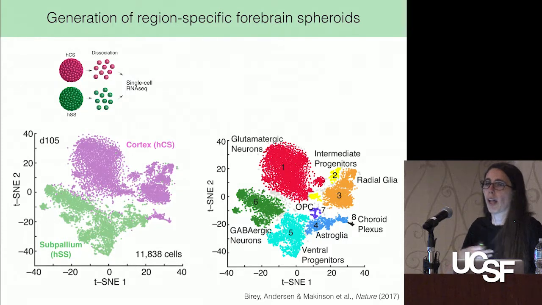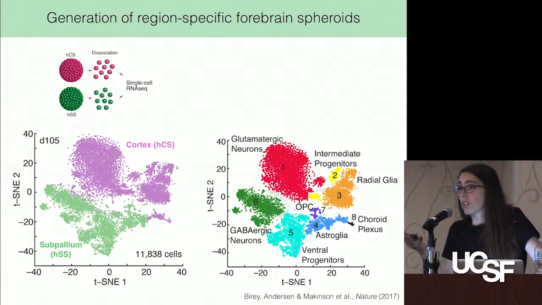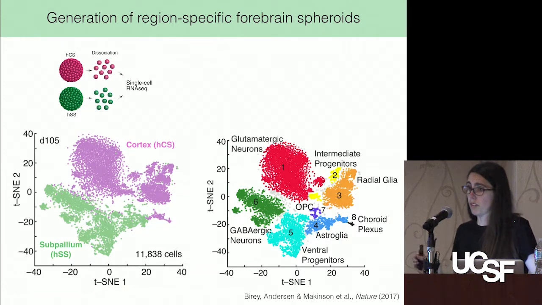They help the neurons to survive and to function. So we have astrocytes in these spheres, which is very important. Interestingly, the astrocytes from both the cortical and subpallial sides clustered together. And so we have the cells of interest in these two region-specific spheres.